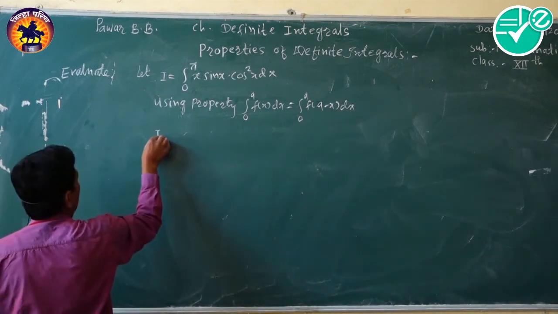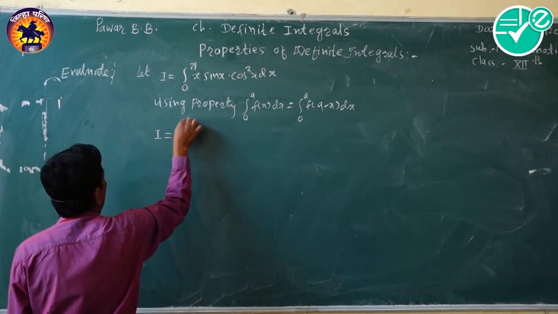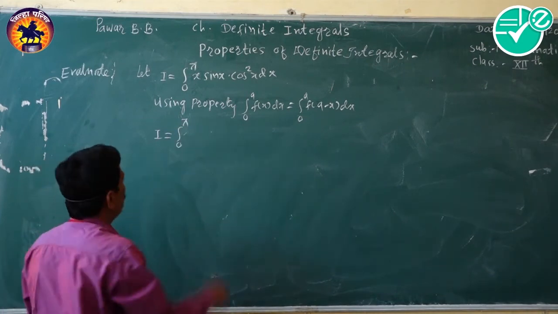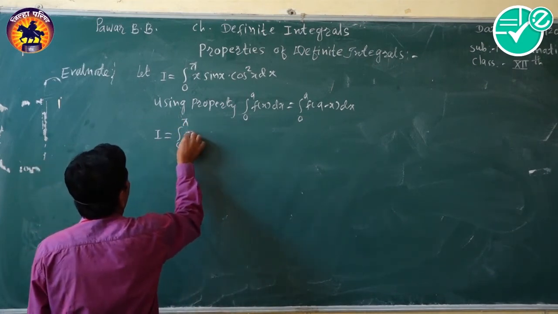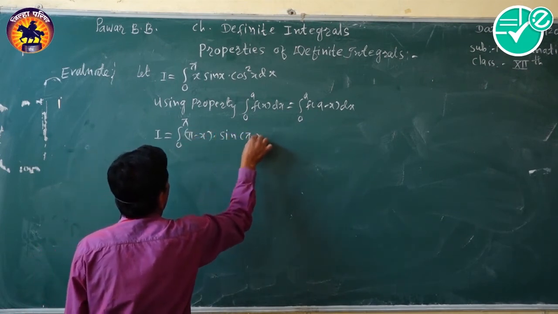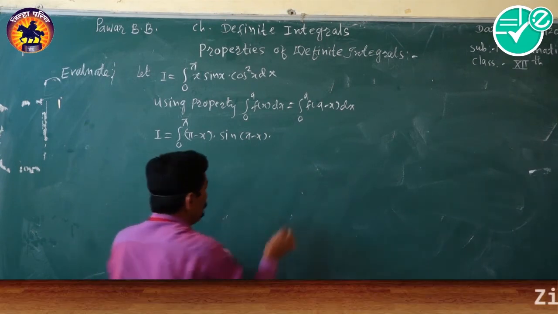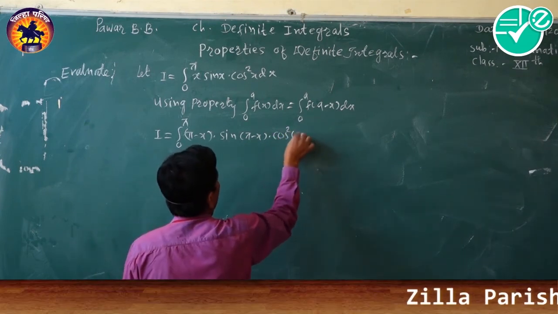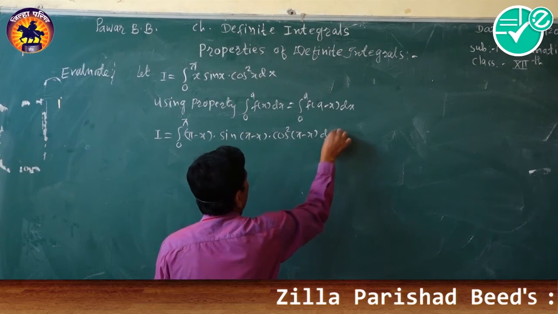I becomes integration from 0 to pi (pi minus x) into sine of (pi minus x) into cos square (pi minus x) into dx.